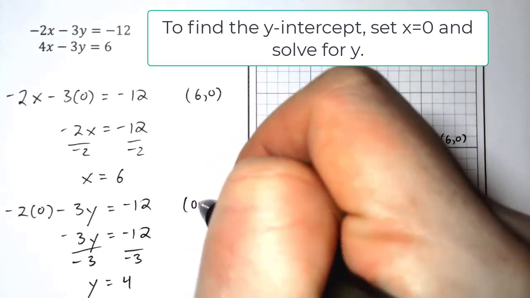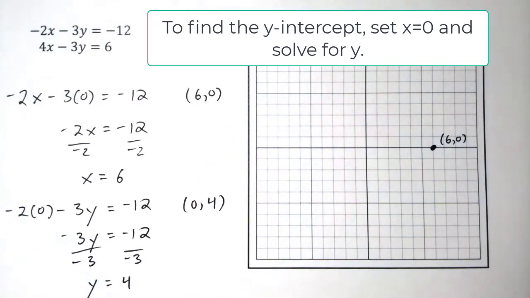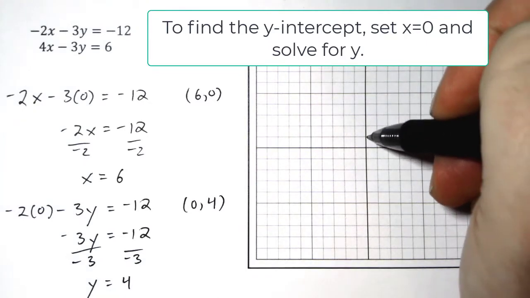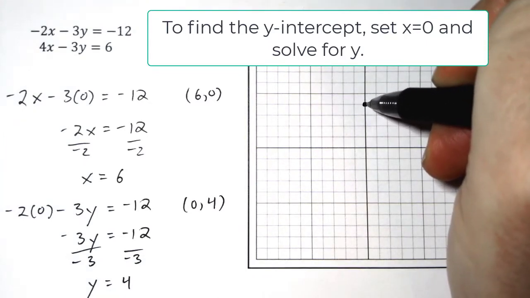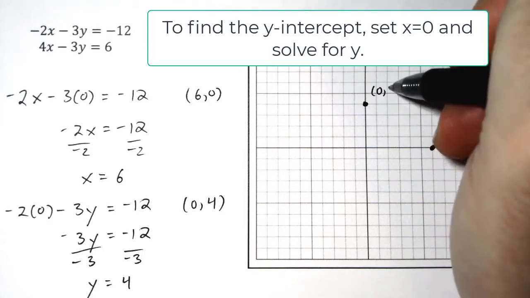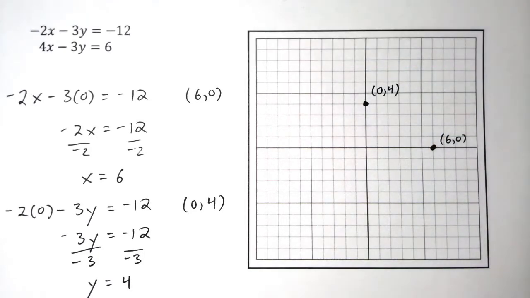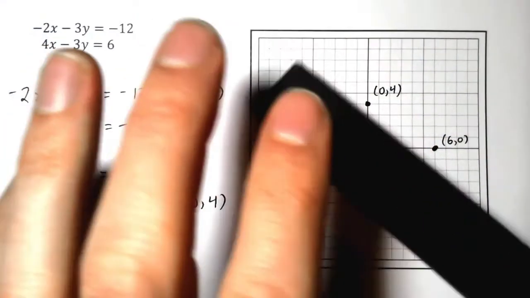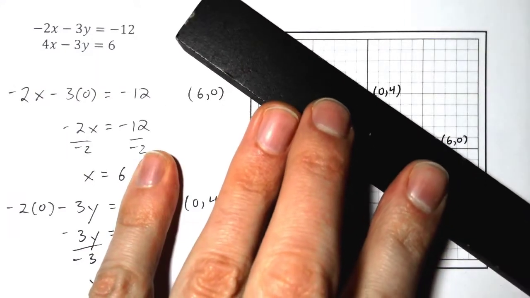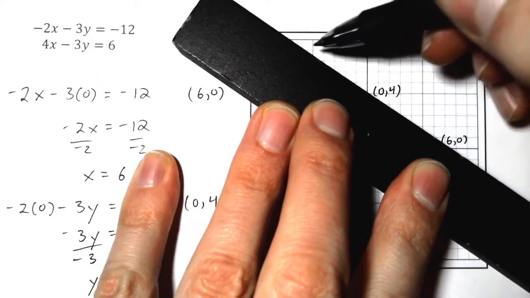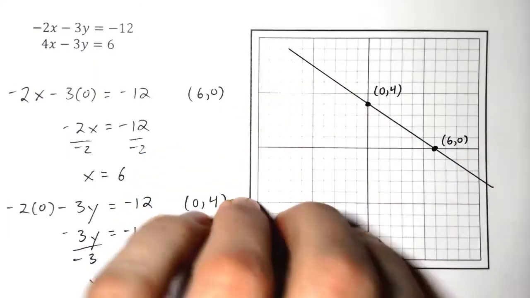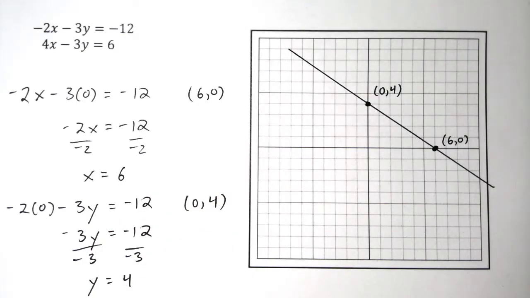So therefore, the point (0, 4) is on the line. 1, 2, 3, 4. That's this point right here, (0, 4). Now, I know what my line is, right? It's the line that joins these two points. So there I've graphed the first line.